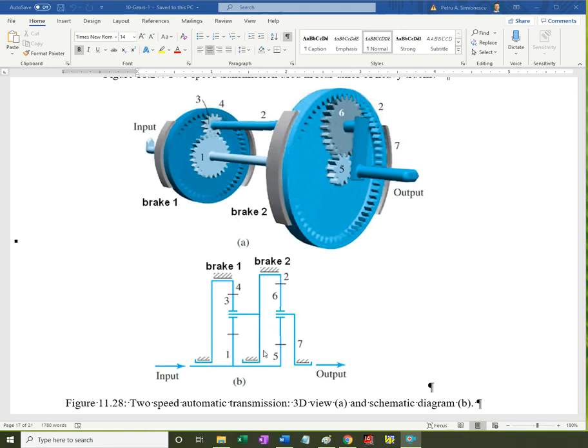It consists of a combination of two planetary units where the carrier of the first unit is the ring gear of the second unit.